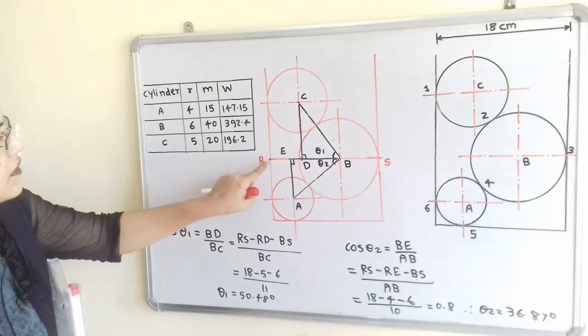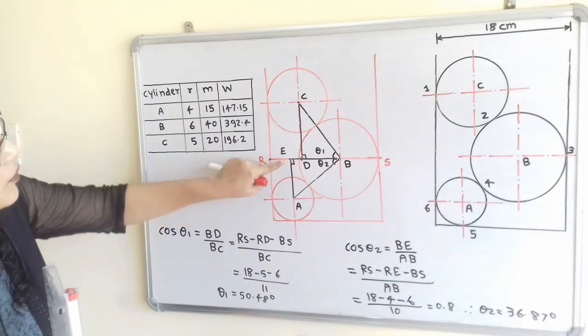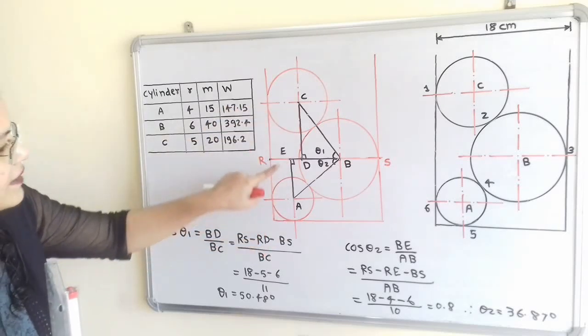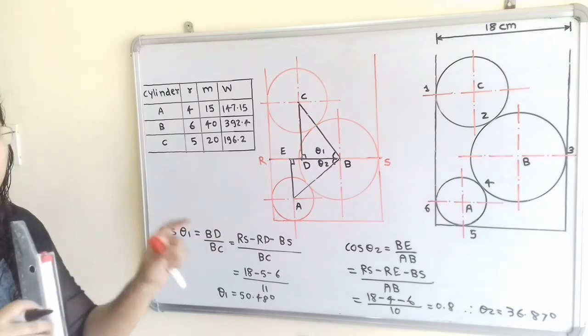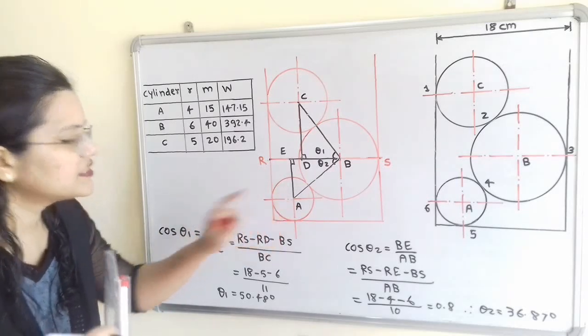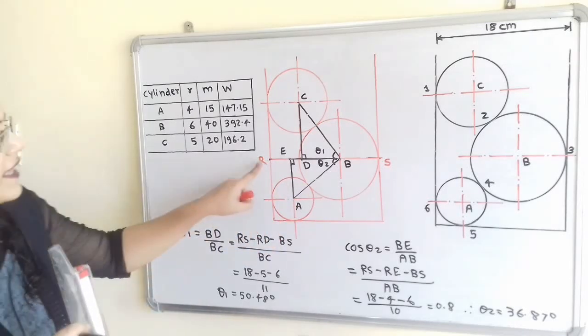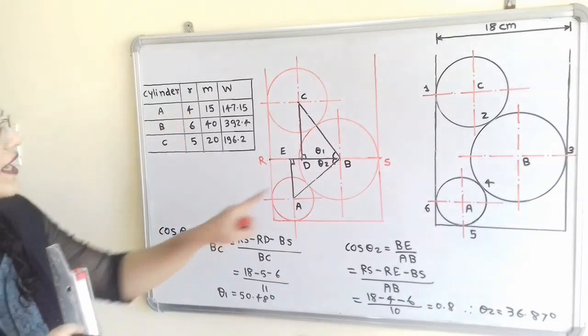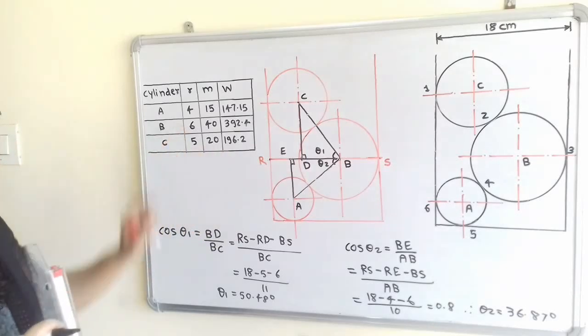Now if we observe, this RE is nothing but, because point E and point A lies on the same vertical line, this RE distance is nothing but the radius of the cylinder A. So RS is equal to 18 minus radius of cylinder A 4 and radius of cylinder B, that is 6.